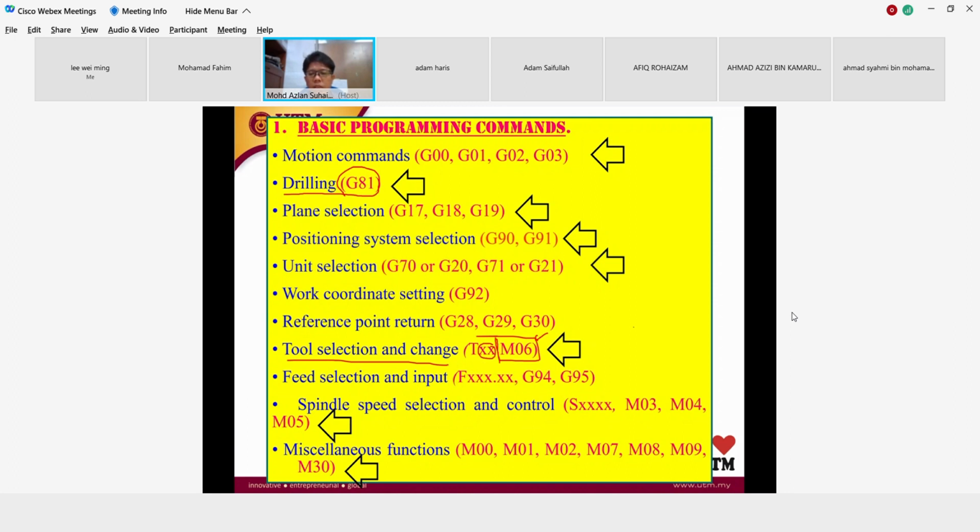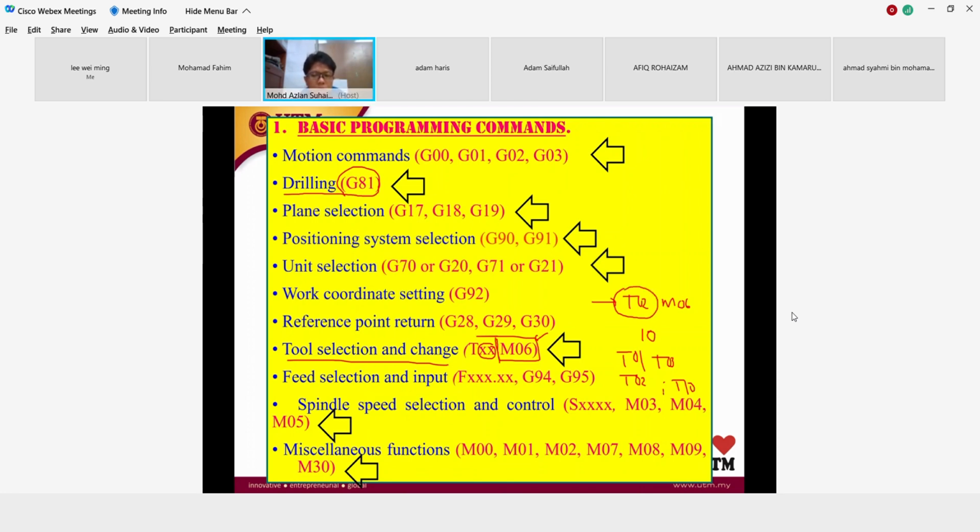TXX means, since some machines may have maybe 10 tools, T01, T02, T03, until T10. So if you want to ask the machine to use tool number 2, you write T02 M06, and the machine will execute this instruction and change to tool number 2.